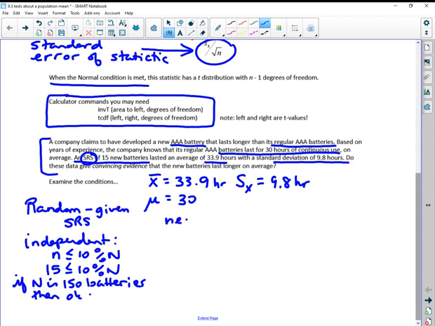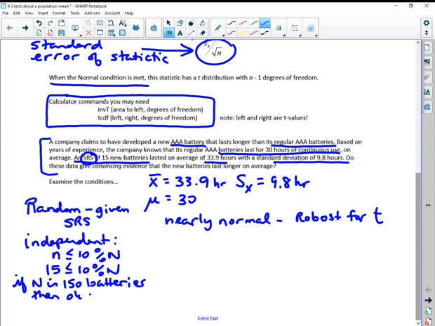Now the nearly normal condition. Now with T distributions, they are robust. And so think about the ways that you would check to see if something was meeting nearly normalcy. If it was already stated to be normal, that would meet the condition.